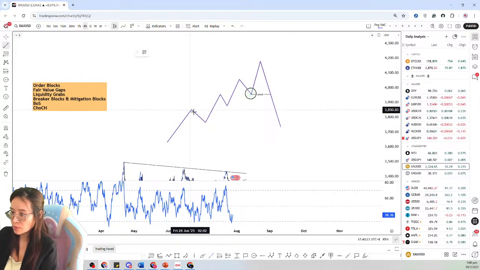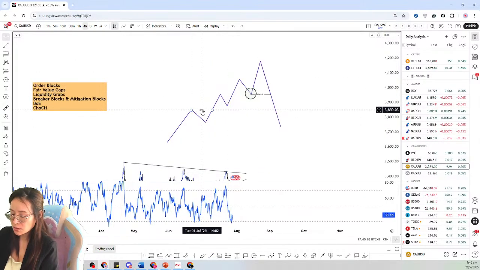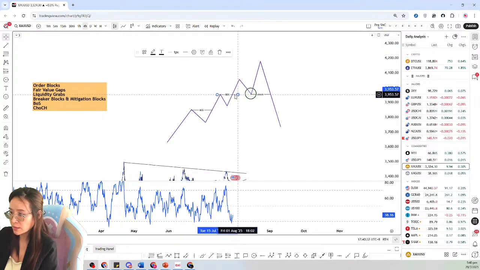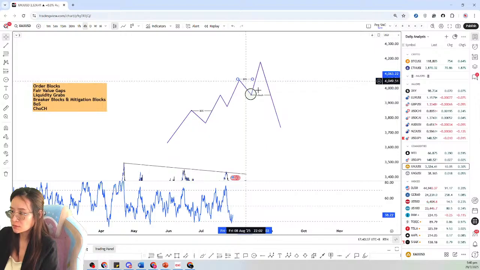Here, when price makes a higher low, this is your break of structure. If it's too small, you guys can let me know as well.